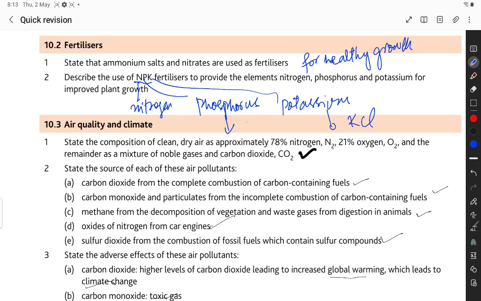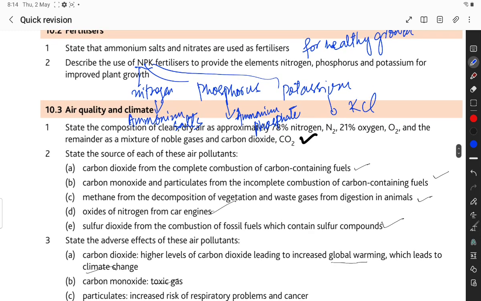Phosphorus comes from phosphate, ammonium phosphate, and domestic waste or detergent as well. The nitrogen source is ammonium salts. So these are used for healthy plant growth.